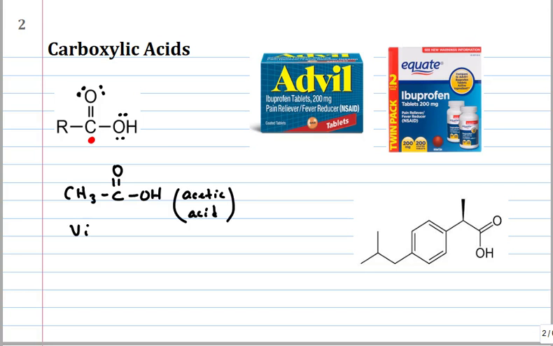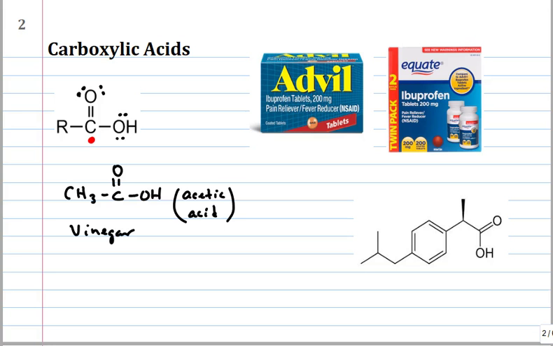This is really the main component of vinegar, and you cook with vinegar. And then I had laryngitis really bad a couple of years ago, and I used apple cider vinegar to help clear up my laryngitis. And so that's a carboxylic acid. Well, what are some other important carboxylic acids?